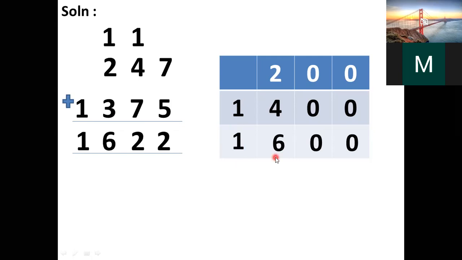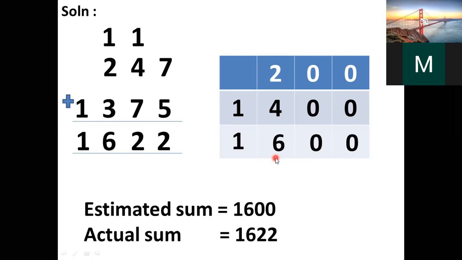So the first question is over. Now compare the estimated sum and the actual sum. The estimated sum is 1600 and the actual sum is 1622.